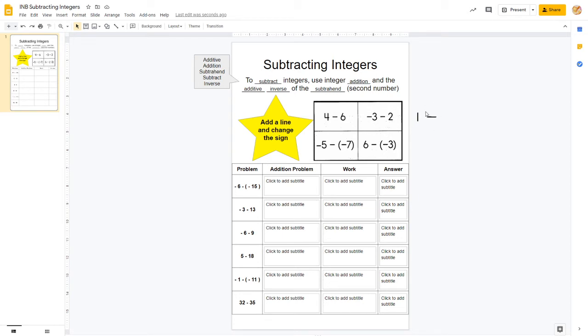Add a line to change the sign. So we have these lines here, and we're going to use them to change the sign. The first sign we're always going to change is this one. Make this into a plus sign. The next one is to change these, any negative to a positive, any positive to a negative. I need to adjust this line a little bit.